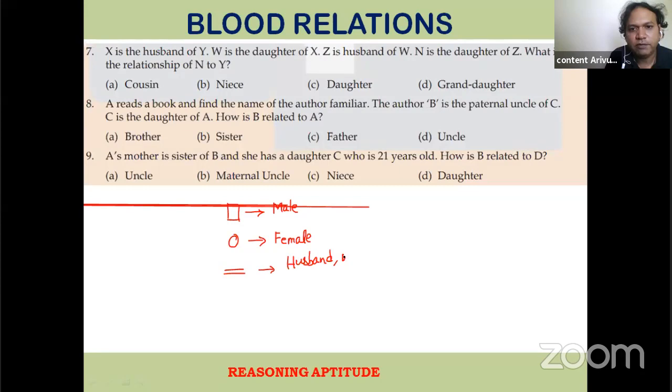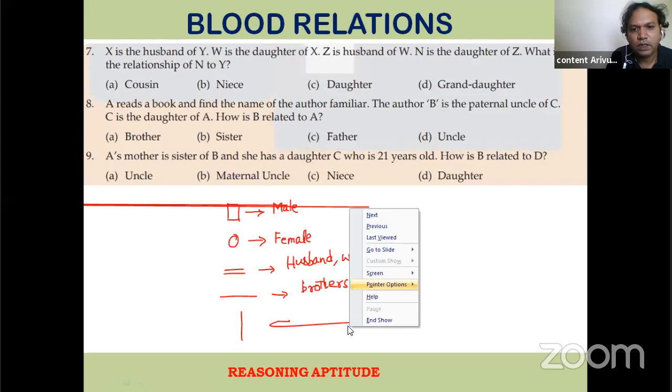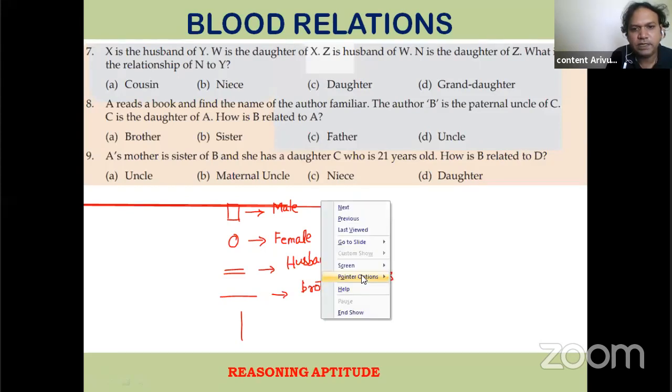To link husband and wife, we use the equal to symbol. And we use the horizontal line for siblings, that is brothers and sisters. And we use the vertical line for the generation gap. That means parents and children.